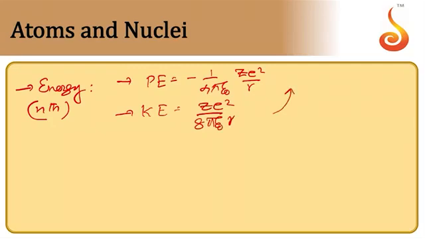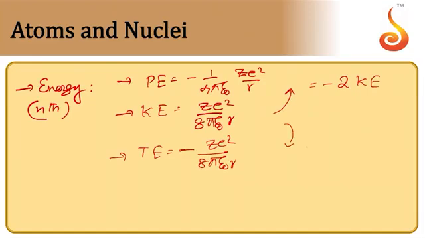So we notice that potential energy is equal to minus 2 times kinetic energy, and total energy is equal to minus Z e square divided by 8 pi epsilon naught r.